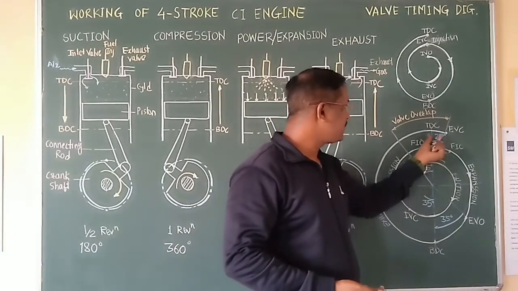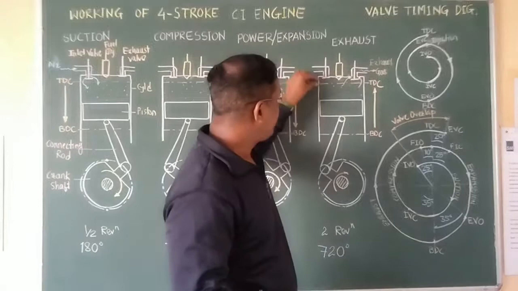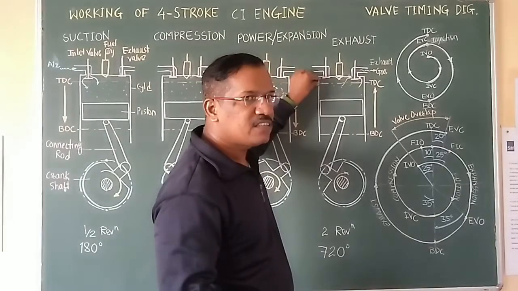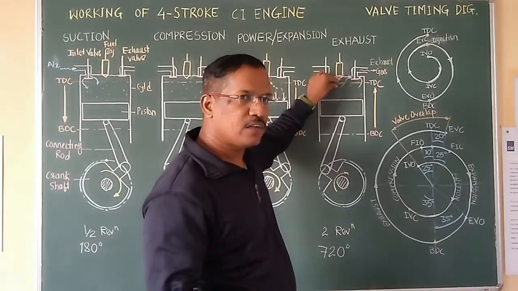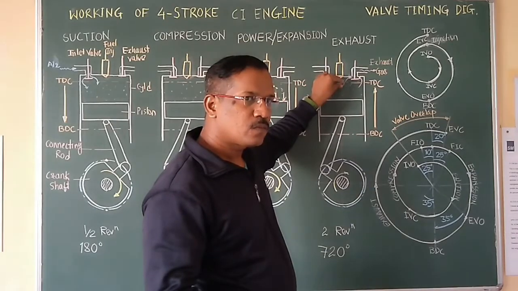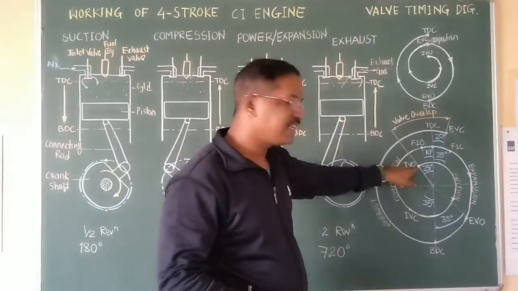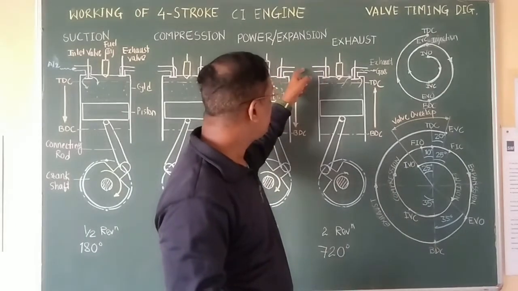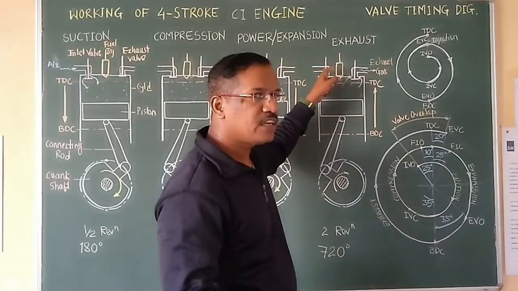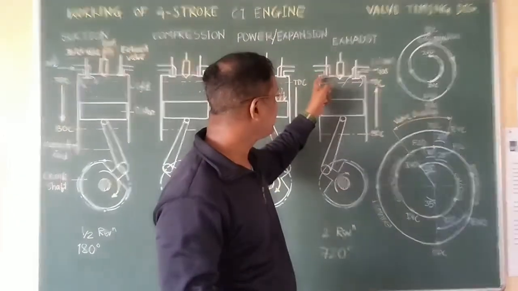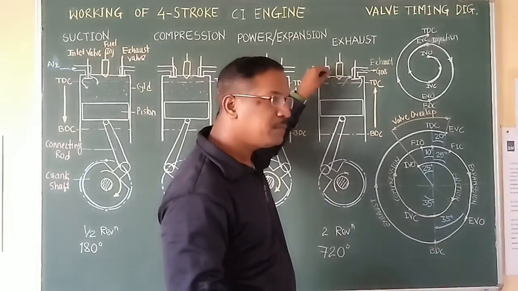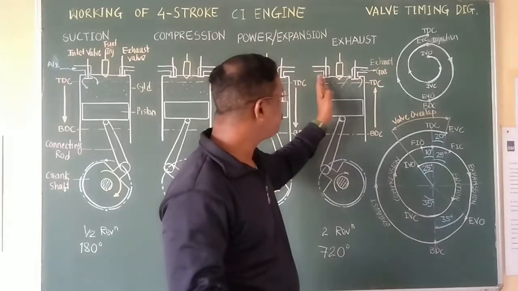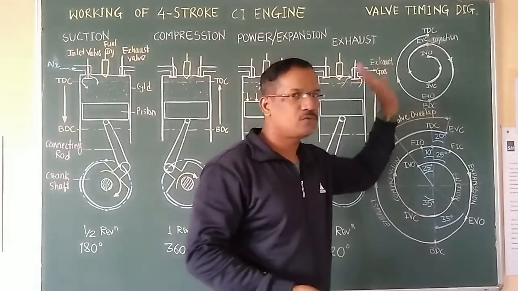Because during this period, whatever exhaust gases remain in this clearance volume have a low density, and when the inlet valve of the second cycle opens, high density fresh air will come inside and push the low density exhaust gases out.